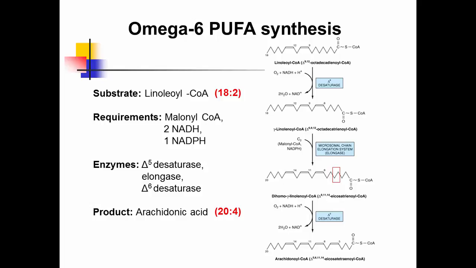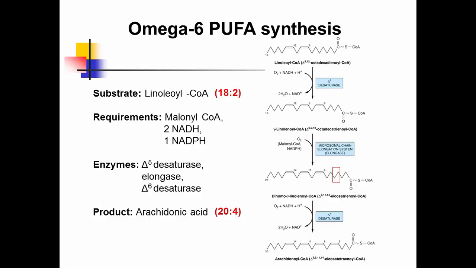And then an additional desaturation, delta 5 desaturase, catalyzes the formation of a double bond at the carbon 5 position. So eventually, you undergo 2 desaturation reactions and 1 elongation reaction to make arachidonic acid, right?